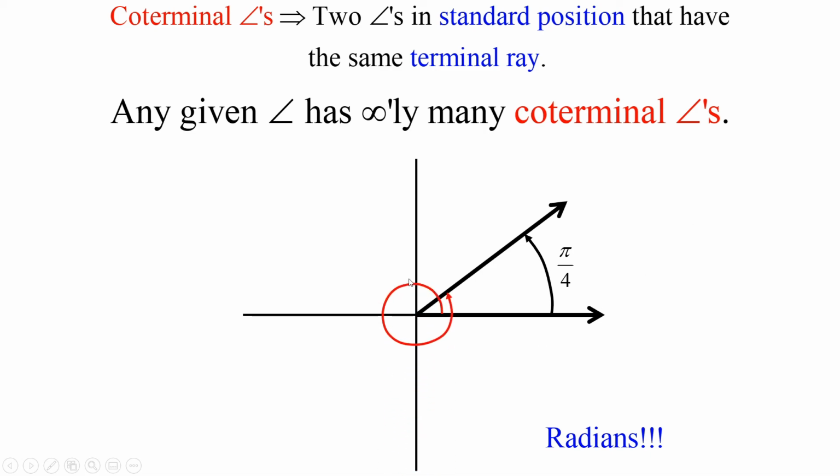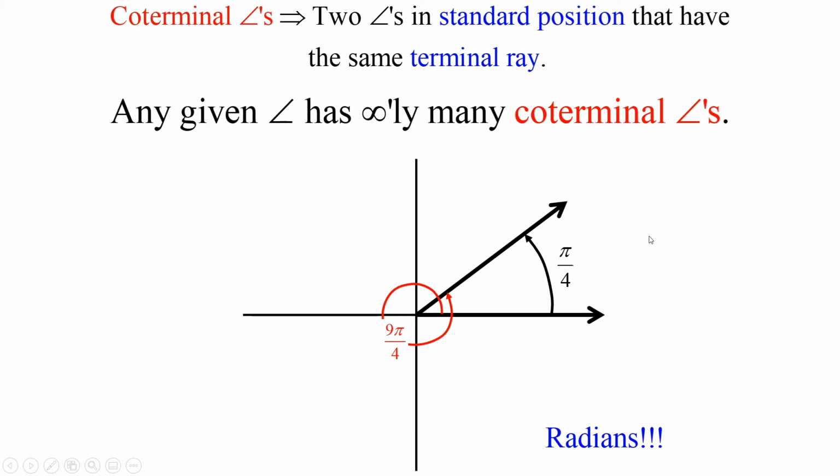Remember, 1 revolution in radians would be 2 pi plus pi over 4 more. So 2 pi would be 8 pi over 4 plus pi over 4. That angle right there is 9 pi over 4. And 9 pi over 4 radians and pi over 4 radians are coterminal angles. They have the same terminal ray right there.